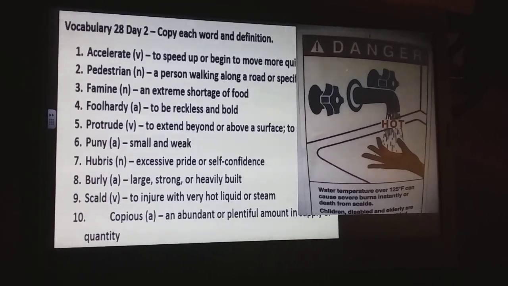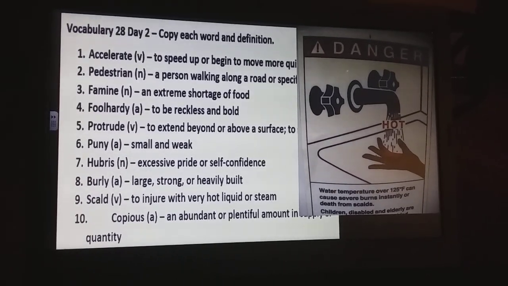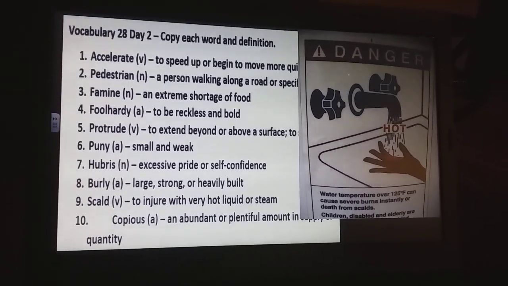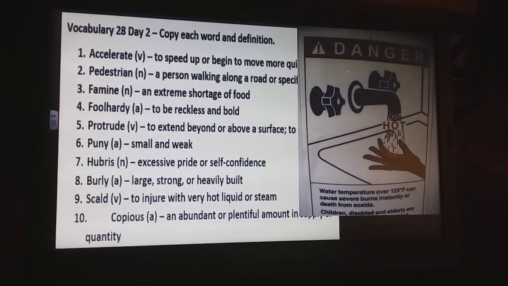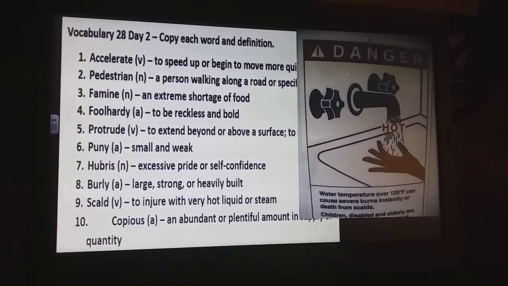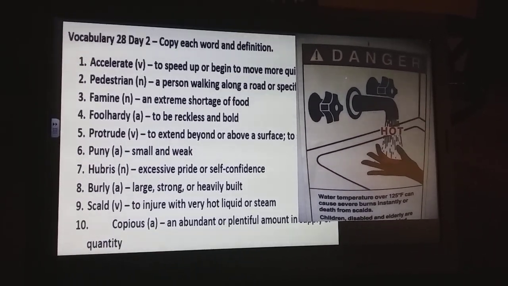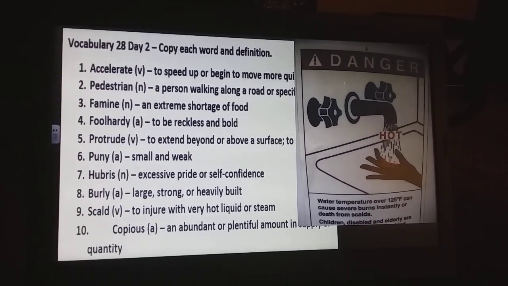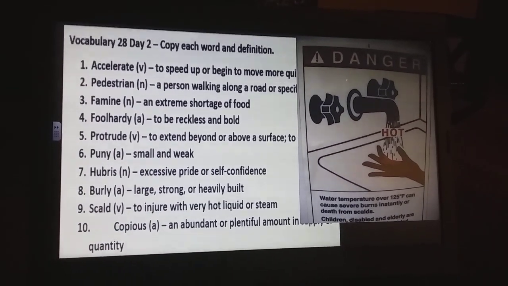Word number 10 is the word copious. This is an adjective. It's a word that describes something. Actually, I may be pronouncing that incorrectly. That word is copious. Copious means an abundant or plentiful amount of something.